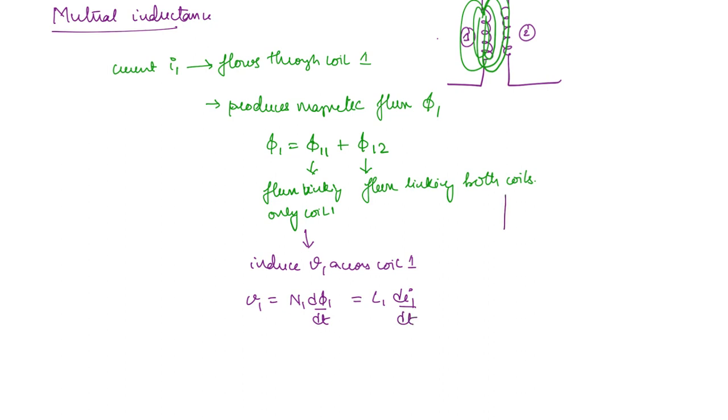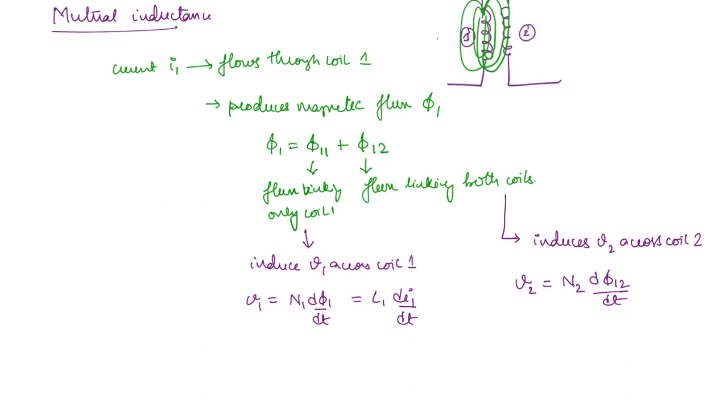Now what is happening here? This induces a voltage V2 across coil 2. And what will be this expression? V2 will be equal to the number of turns of that coil, N2, into d phi 12 by dt. So d phi 12 is the flux linking both the coils.